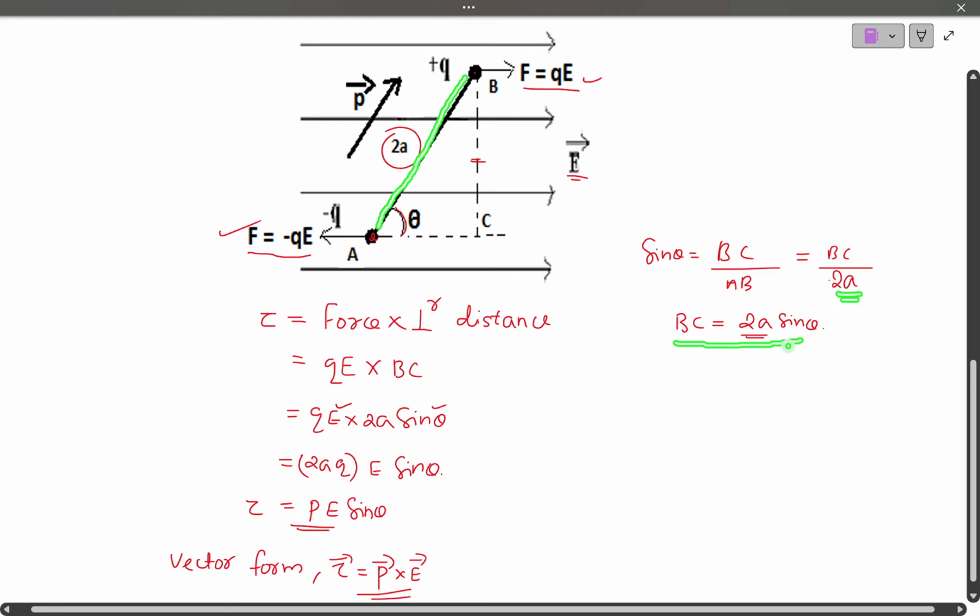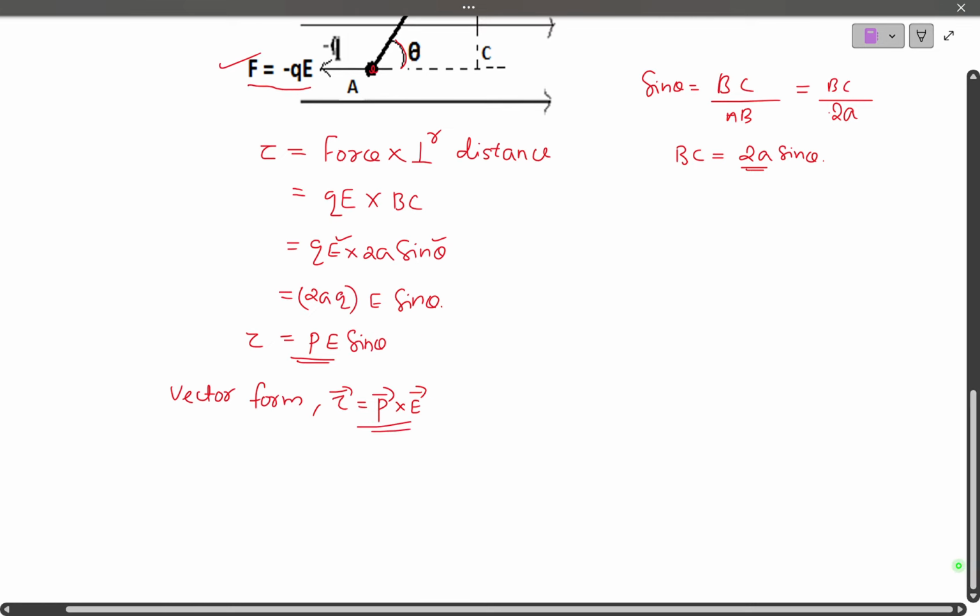From that BC is equal to 2A sine theta. So here we substitute 2A sine theta instead of BC, then rearrange the 2A and Q right together, 2AQ into E sine theta. Therefore, torque equals P E sine theta. So this is the required expression for the torque, and in vector form we can write torque equals P cross E. So this is the required expression.